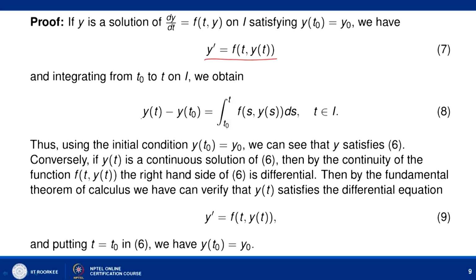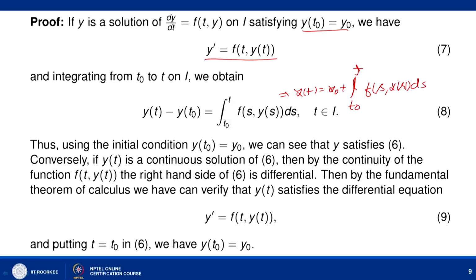We have y(t) - y(t0) = integral from t0 to t of f(s, y(s)) ds, where t belongs to I. Now we already have the condition y(t0) = y0, so we can write y(t) = y0 + integral from t0 to t of f(s, y(s)) ds, which is nothing but equation number 6.